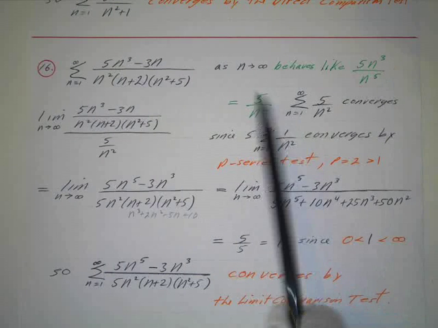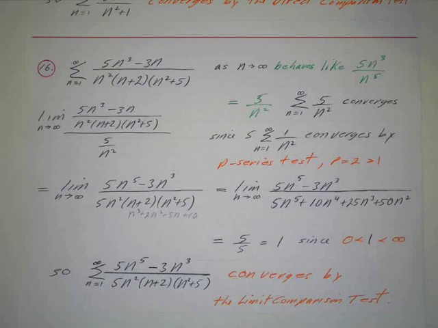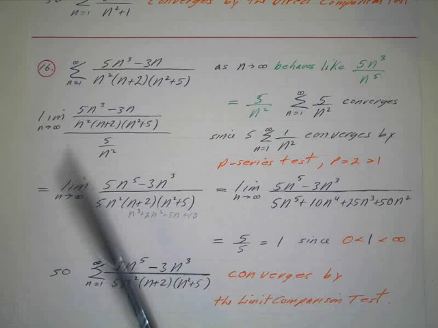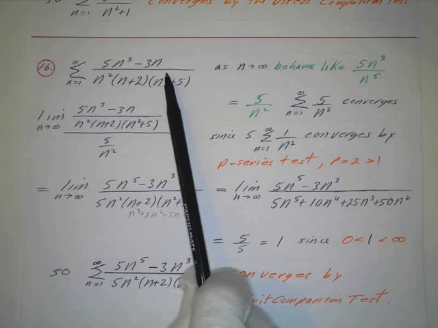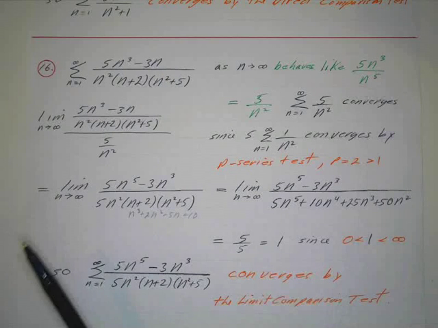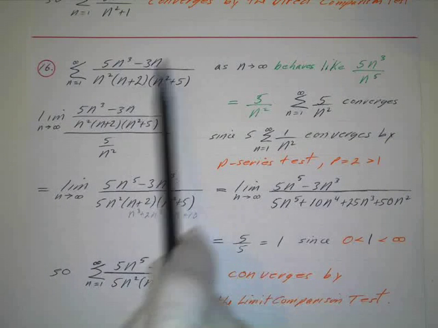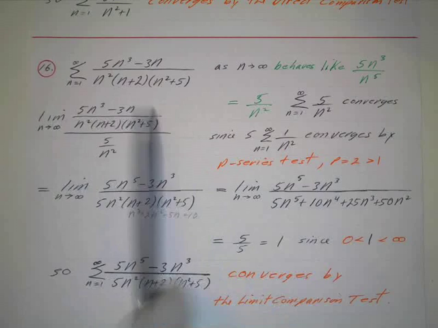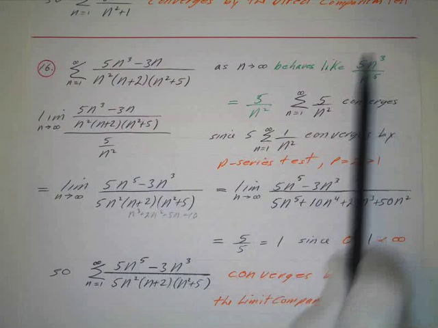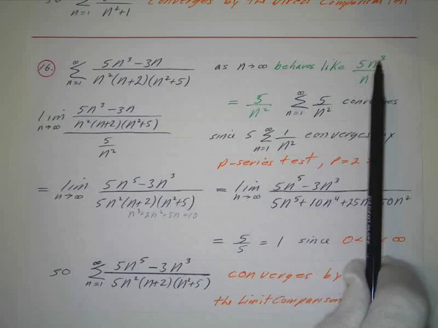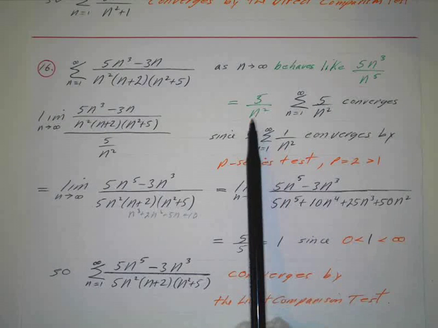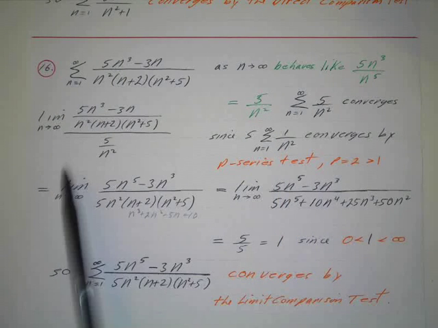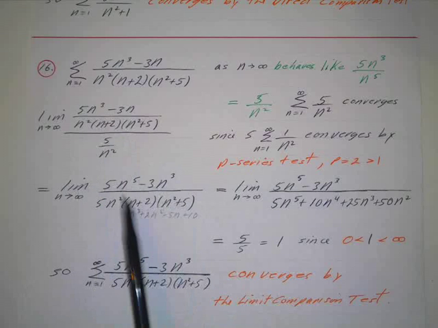If they behave the same, then since this series converges, this has to converge by the limit comparison test. It's hard to get an inequality on this. We know they behave alike, but it's hard to show that every term here is less than every term here. So we'll take this original series and compare it to this series here. It eventually behaves like this, so this is a good comparison.